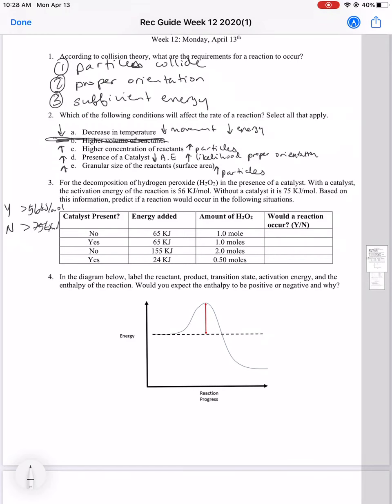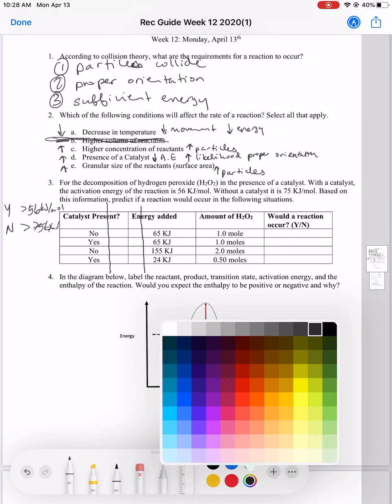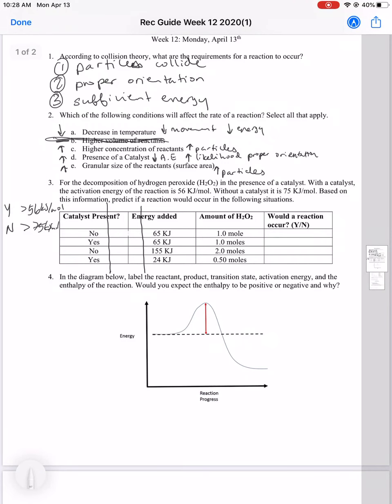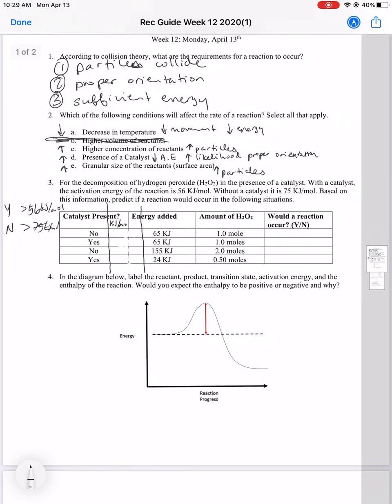Now we want to predict whether or not the reaction will occur. So I'm going to add another column, and I'm going to call it kilojoules per mole of energy.